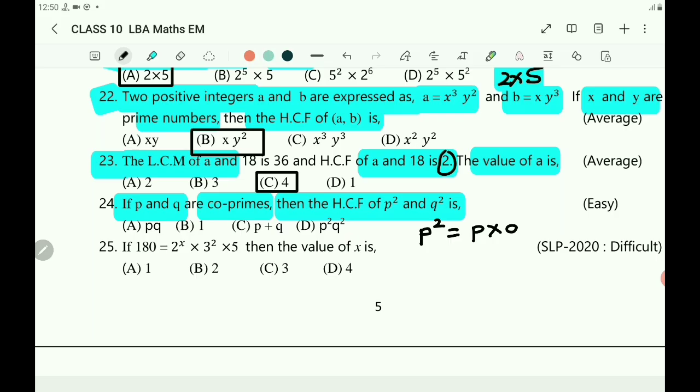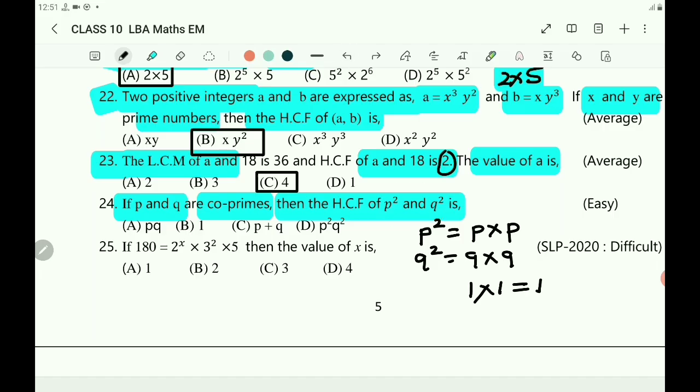P into P. And Q square is equals to Q into Q. Then it is given that P and Q are co-primes, means their common factor is 1. So here you can take, for P and Q the HCF is 1, into the HCF of again P and Q is 1. 1 into 1 again you are going to get 1 only. Then the HCF of P square and Q square is also 1.